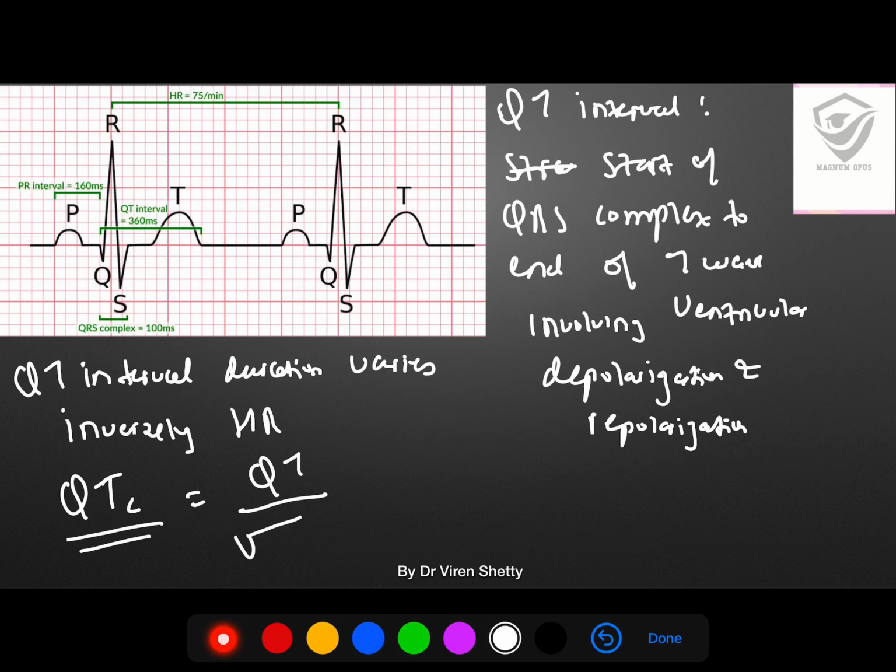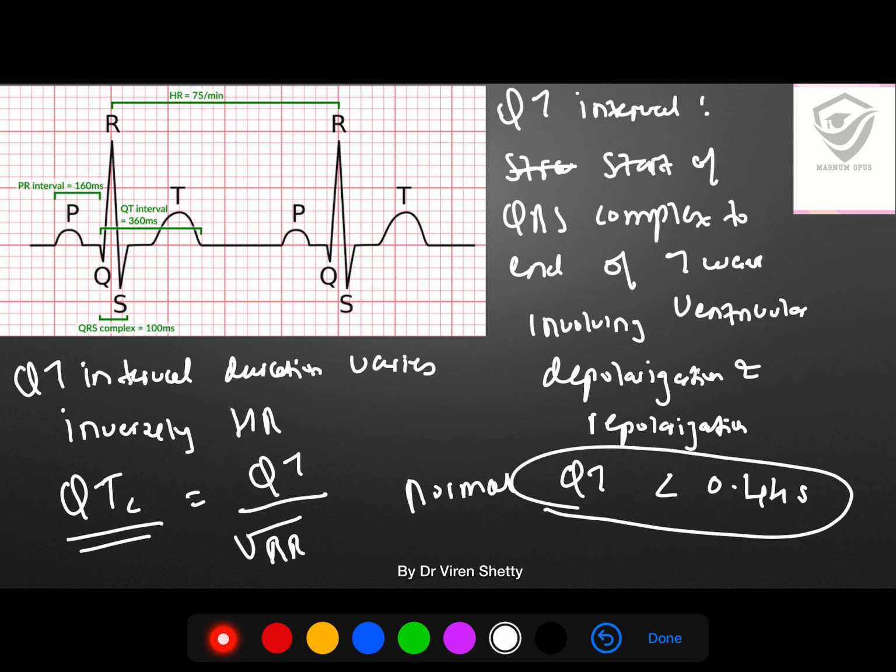It is QT upon the square root of the RR interval. For the exam, just remember, normal QT should be less than 0.44 seconds. It varies between men and women, but this is the mean. So remember this, QT is less than 0.44 second.